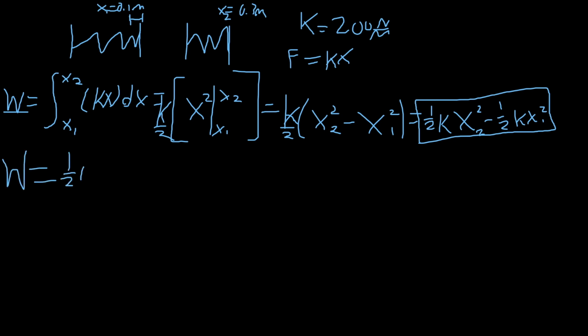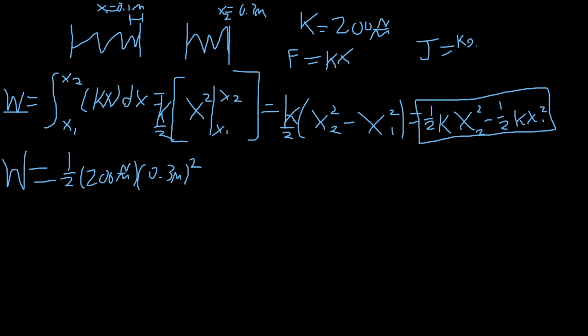There's no more physics here. So you have 1 over 2 times 200 Newtons per meter with x2 being 0.3 meters squared. So this will get rid of this meter, and then multiply this will give you kilograms times meters squared over second squared, which is also represented as joules.